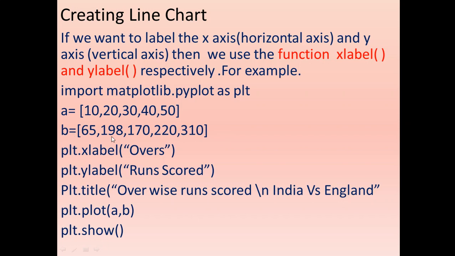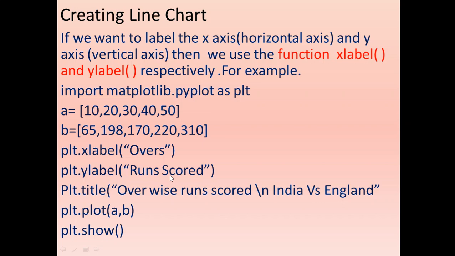We have used the function plt.xlabel with 'overs' in brackets, meaning the horizontal axis will have the value overs, and for the ylabel, which is the y coordinates, it will display 'run scored'. So in the previous case, nothing was coming on the x-axis and the y-axis, but this time, using the xlabel function and ylabel function, we will see the different values for xlabel as well as for the ylabel.